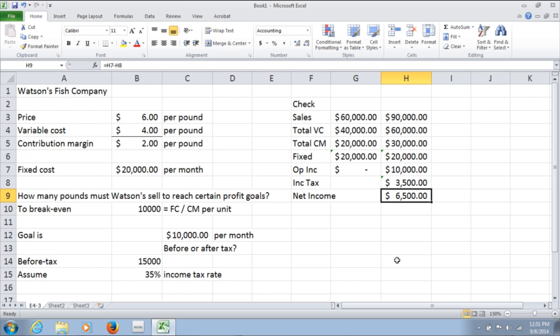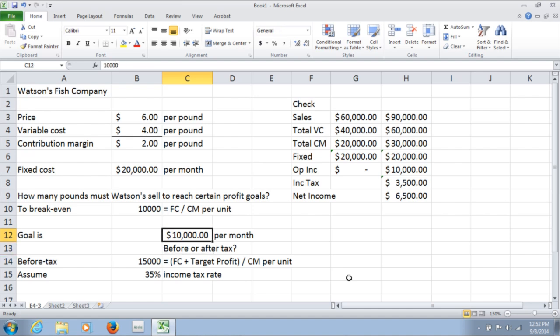I think that a lot of times in textbooks they focus on goals that will fit into the formula neatly, where we look at this before tax item here, where we take our fixed cost plus the target profit and then divide that by our CM per unit. Well, the target profit reported in this cell is a before tax number.